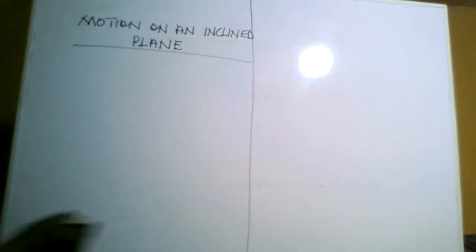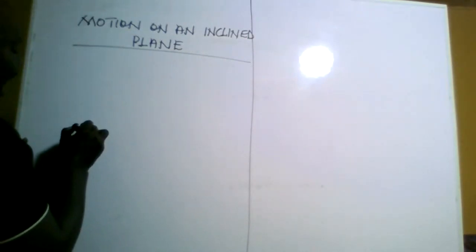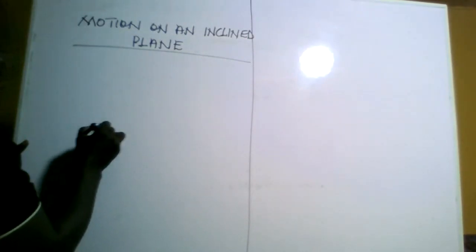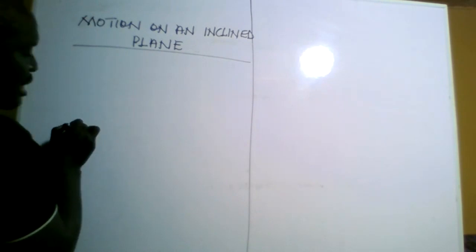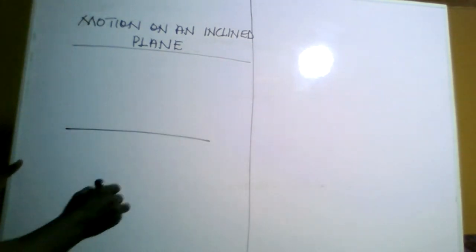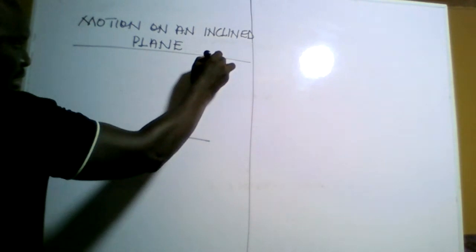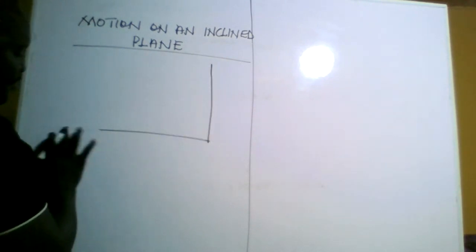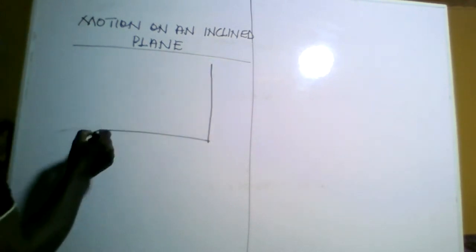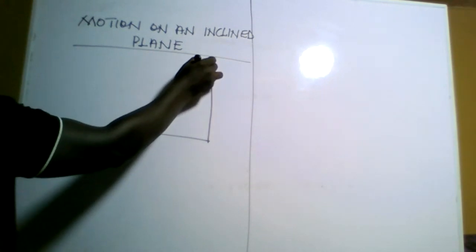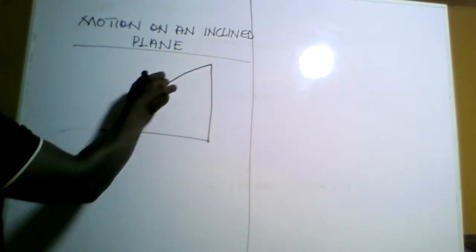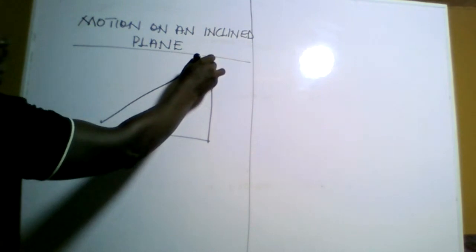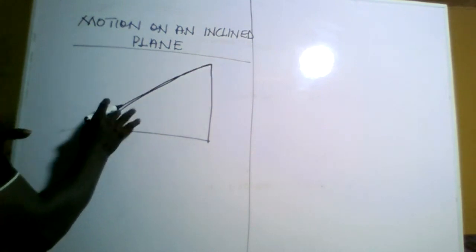How is it like? We have a rigid bar, and then this is maybe a wall. And then we have a rigid bar from the wall to the ground.